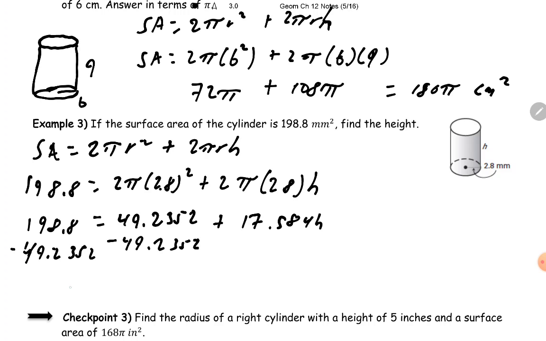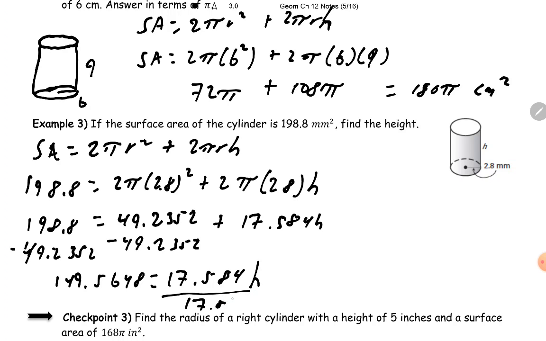And I'll get about 149.5648 equals 17.584 times h. Since h is being multiplied by that, we're going to divide by that on both sides. And we're going to get h equals about 8.5 millimeters.